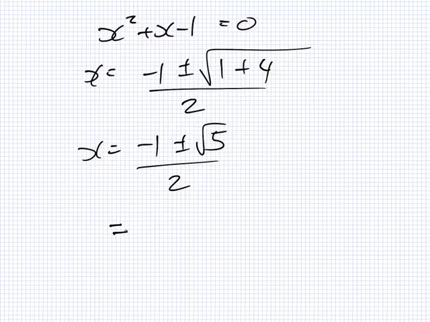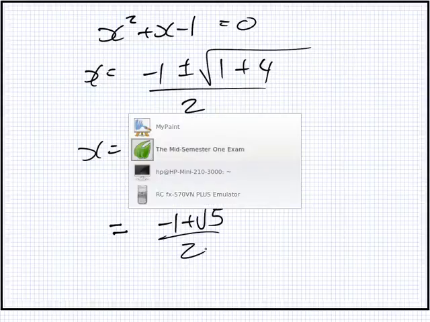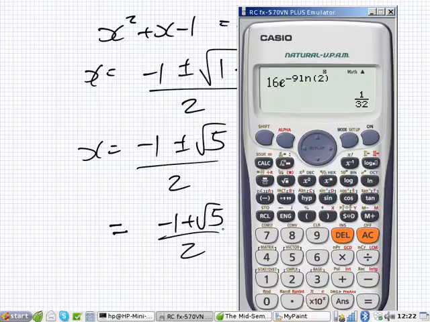So that is minus 1 plus root 5 over 2. 4 decimal places will be 0.6180.